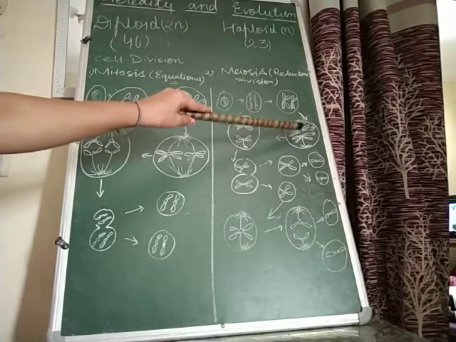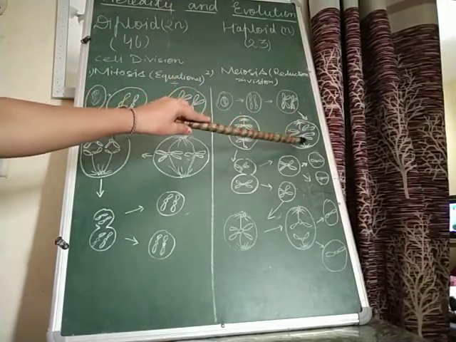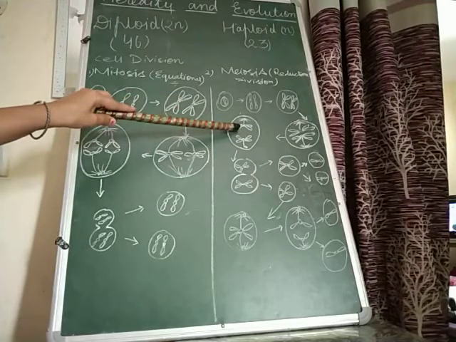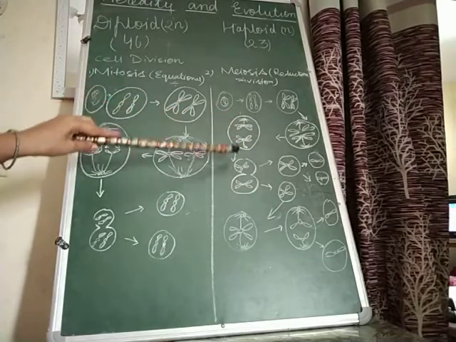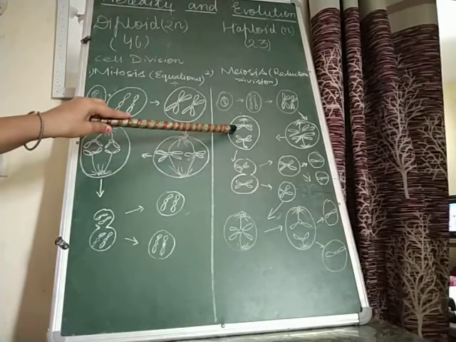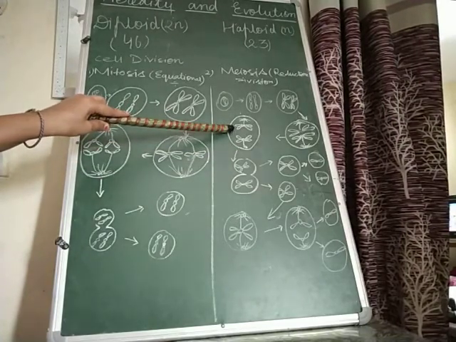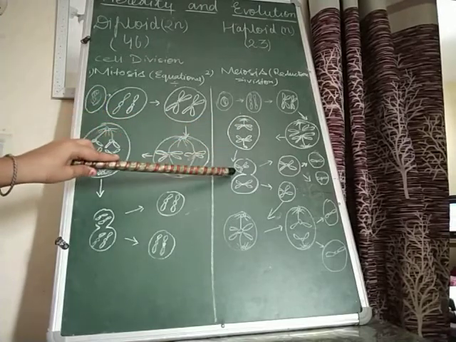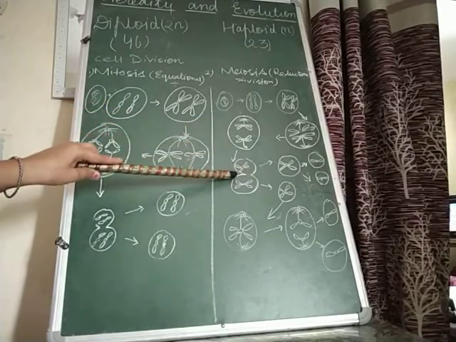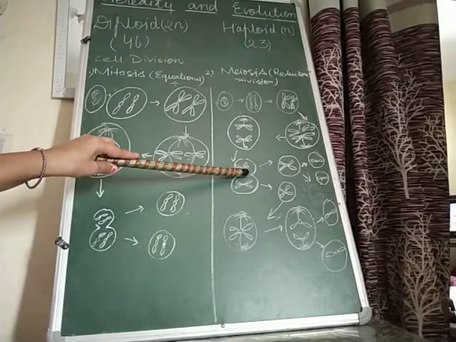Now this centriole will drag the chromosomes towards the opposite poles. Now karyokinesis has taken place, that is division of the genetic material. Then after that cytokinesis takes place, that means the division of cytoplasm takes place.